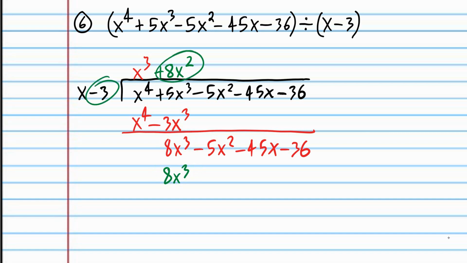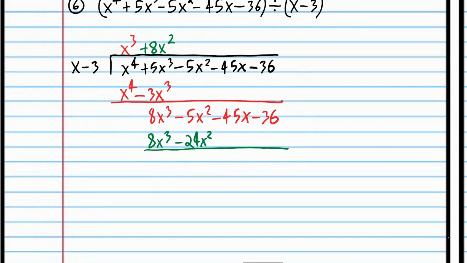And 8x squared times negative 3, using the distribution property, we get negative 24x squared. Step 3, we're going to subtract, and we get 19x squared minus 45x minus 36, and that is the end of cycle 2.